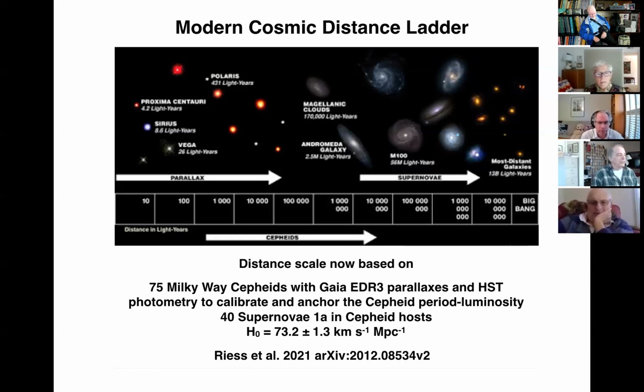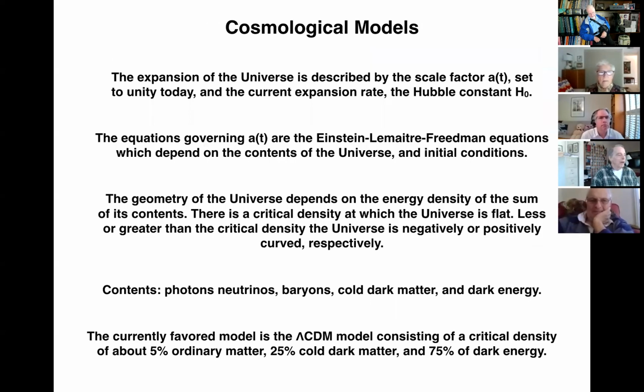Okay, so that brings us up to a completely independent way of determining the Hubble constant, which is basically cosmological in nature. So a very, very brief, broad brush review of cosmology and cosmological models is the following. The scale of the universe and its current expansion rate are governed by two parameters.